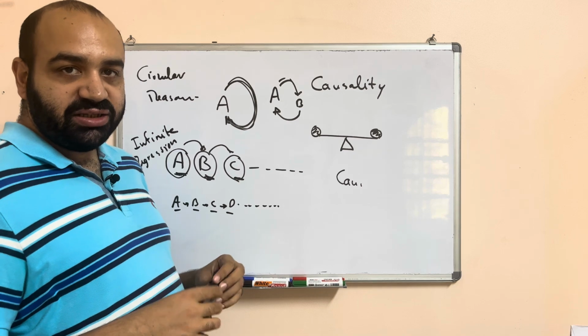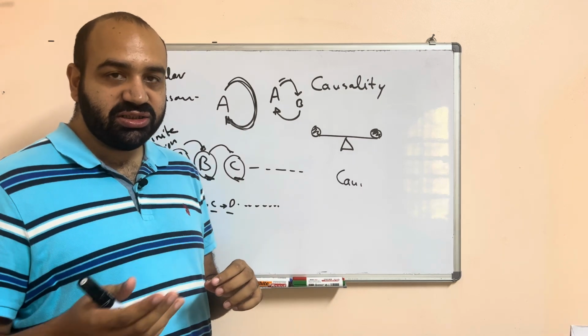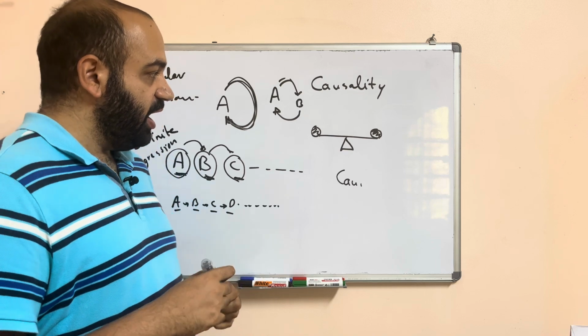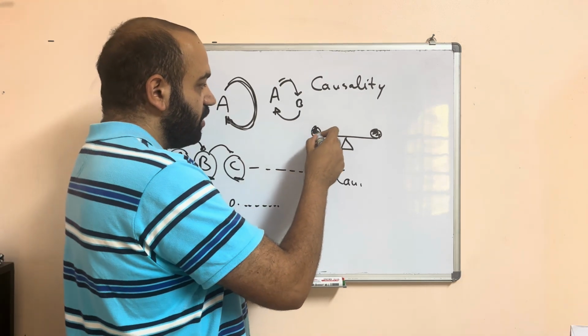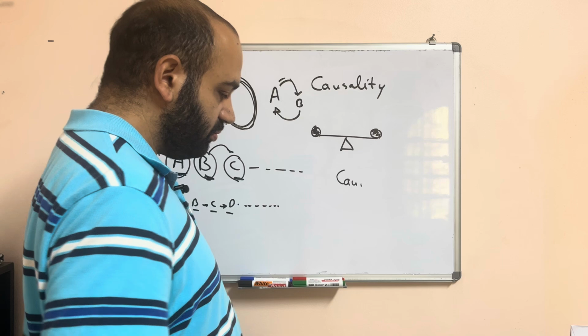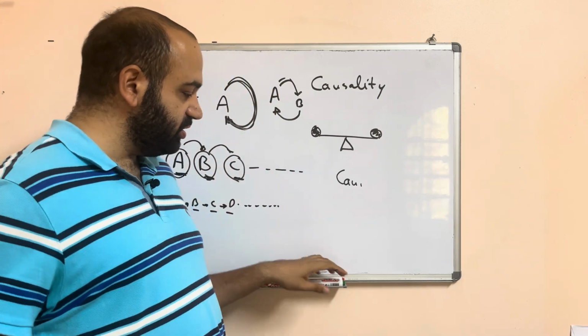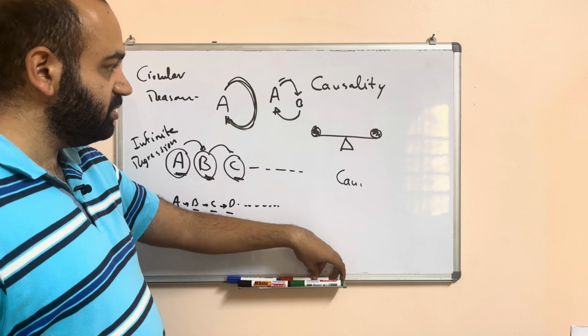The third impossibility is something that is contingent, meaning logically possible, happening without a reason. So let's take what is meant by contingent. We said that there are three categories of rational judgment.